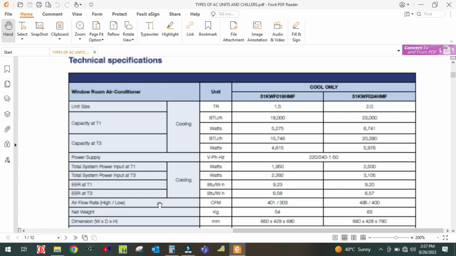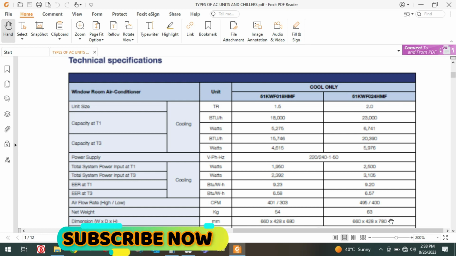The dimensions are also given here, the width, depth and height in mm. So width is 660, depth is 428, and height is 580. Similarly for this one it is also given here. It is the same, only the height is a little bit longer.